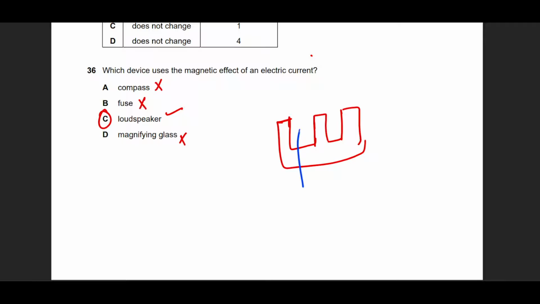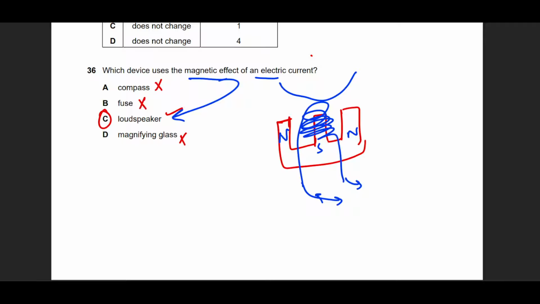This is connected to your computer or your mobile phone, or you can say the source of sound, and the cone which produces the sound is connected to the coil. So we change the current in the coil, which responds to this permanent magnet. And we know that when current passes through a coil or through a wire, it has its own magnetic field, right? So the magnetic effect of current is most likely used in loudspeakers.